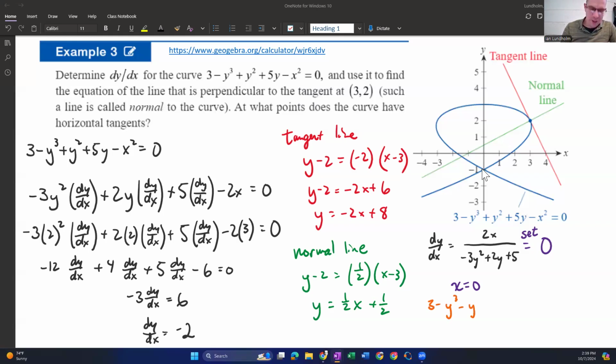But if we plug in x equals 0, 5y, all right, x squared is no longer there. This is a cubic equation in y, and the way that this should shake out is, if we factored it, it would have (y plus 1) squared times (y minus 3).